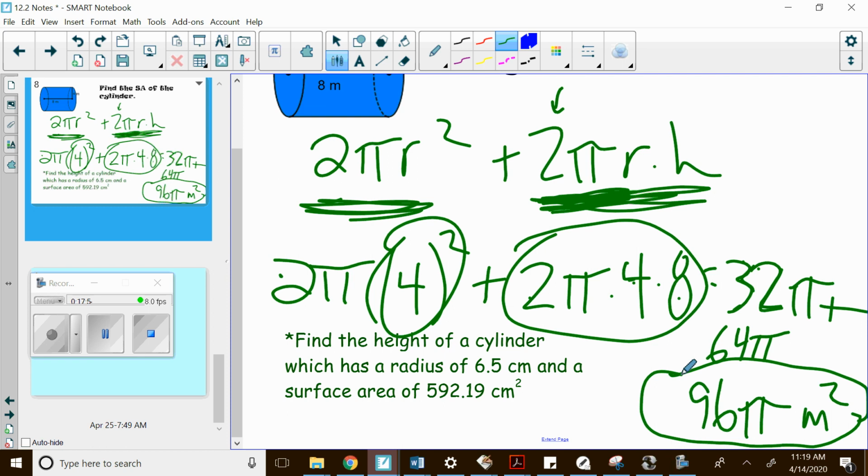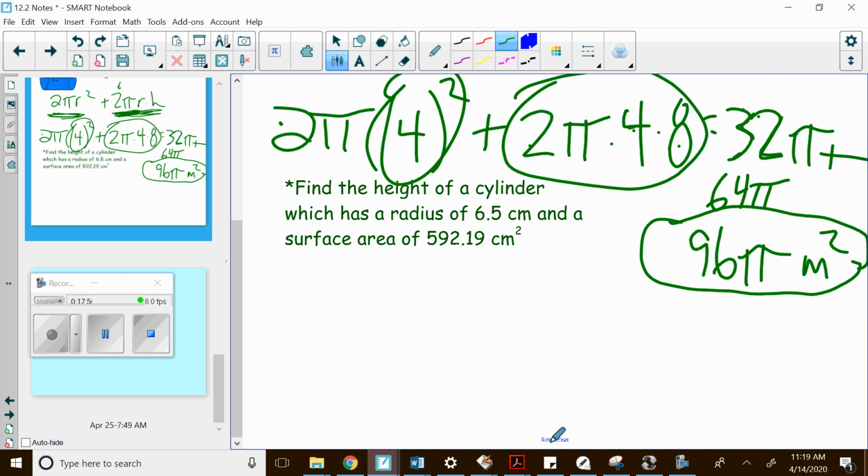Okay, and lastly, before I let you go, let's do a problem where we're given the surface area, 592.19, and we're asked to find the height of the cylinder. So we plug in what we know and find what we don't.